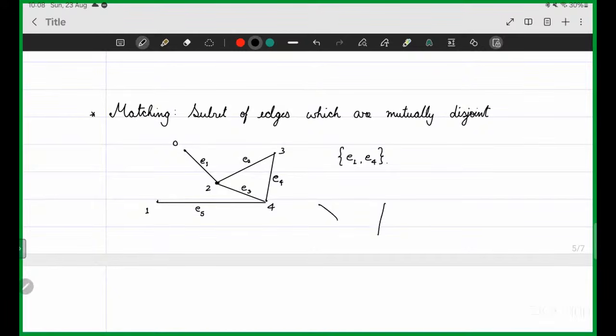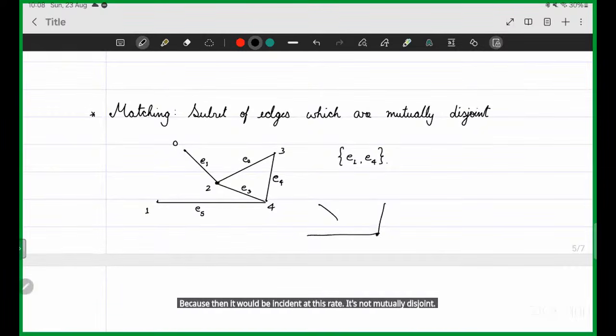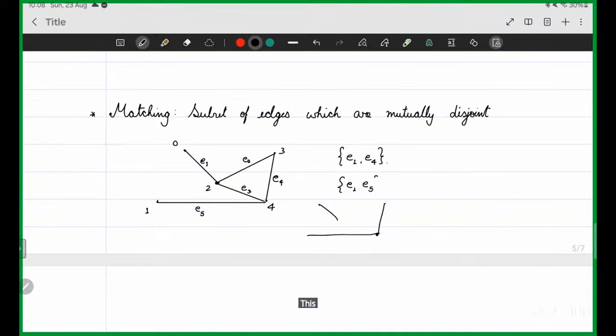So why can we not select E5? Because then it would be incident at this vertex, right? It's not mutually disjoint. But E5 is not connected with E1, so I can select E5. This is okay. So all three of these are not okay; they should be mutually disjoint, meaning any pair should be disjoint.